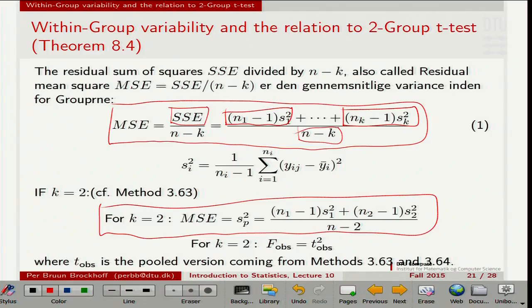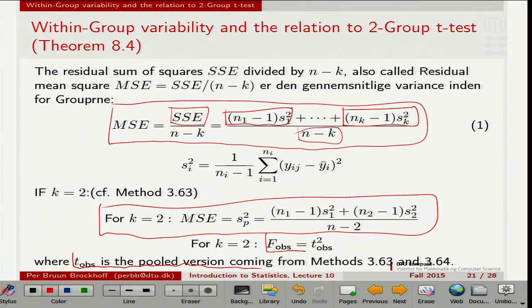So at least if we let T-pooled be the so-called pooled version, the equal variance version of the two-group t-test from a few weeks ago, which we generally recommended we didn't have to use, this is where the explicit link goes with what we do now.